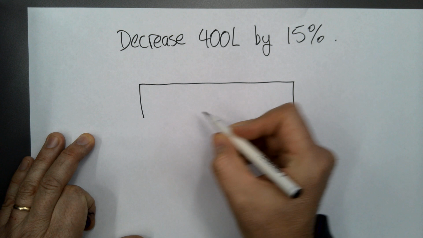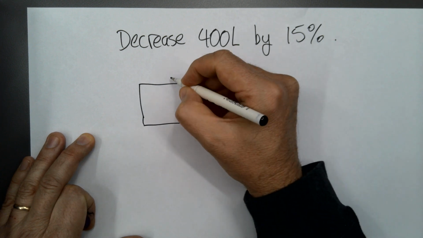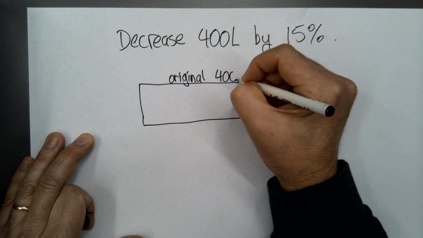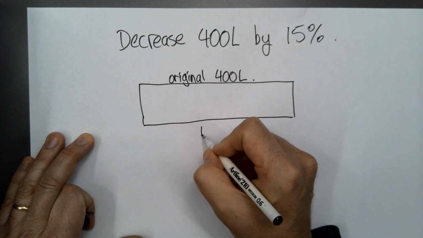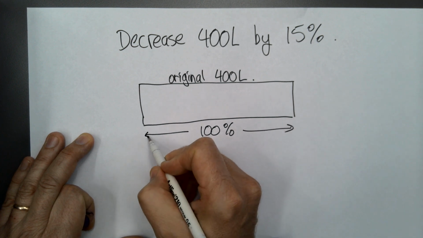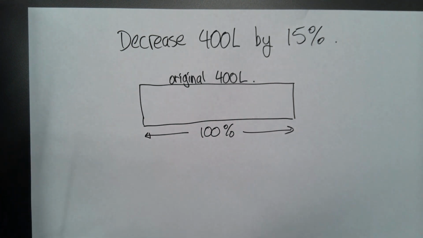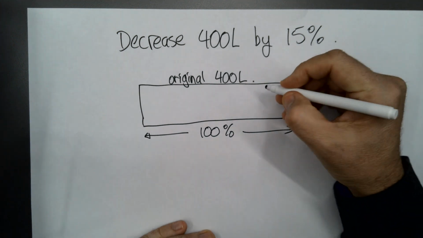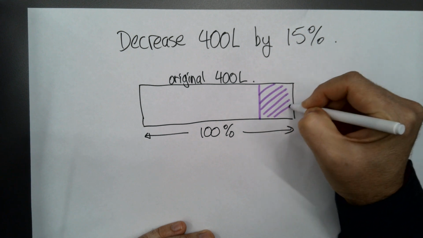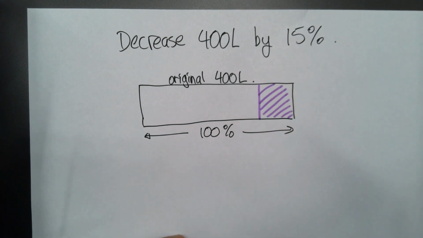Let's say this rectangle represents the original 400 litres. All right, so that is 100% of the original. Okay, well, if I'm decreasing it, I'm going to chop bits off, aren't I? Okay, so let's say I'm going to slice it there and I'm going to get rid of that bit. Okay, I'm going to chop it off, throw it away.